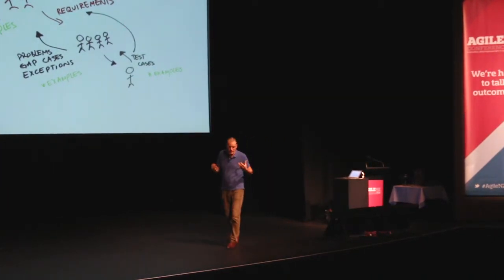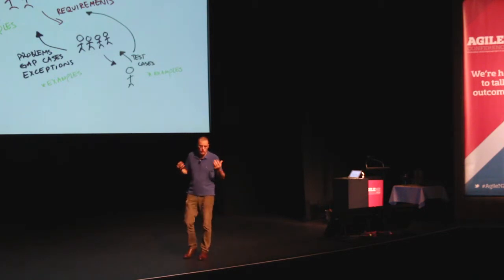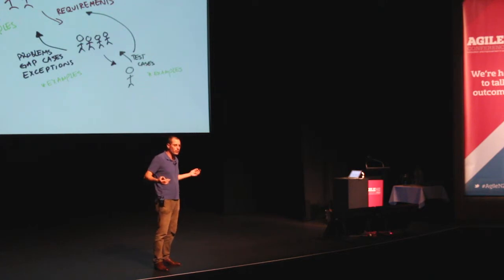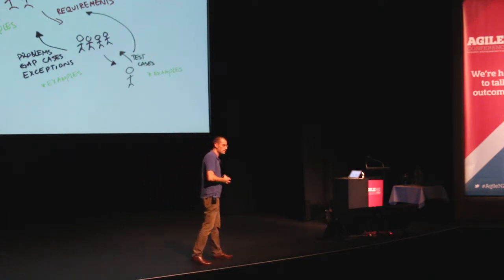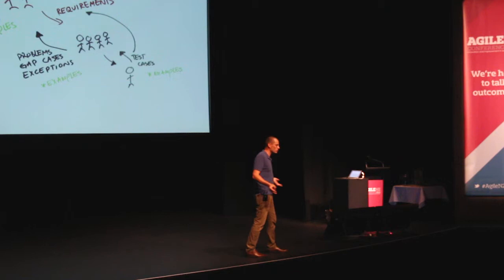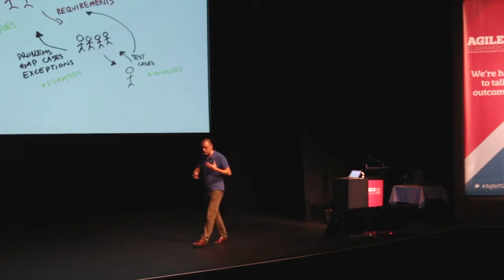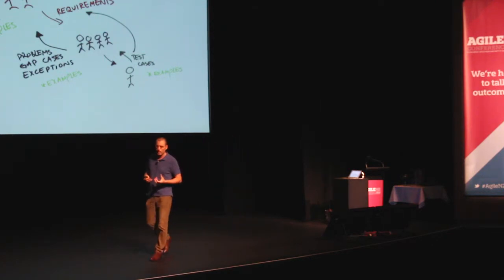So examples are just this natural way humans clarify stuff. We use the phrase, for example, very often to clarify things. If you Google for example, there's about 220 million documents there trying to explain stuff. So examples are a natural way to explain stuff, and they're concrete enough for people to complain about.